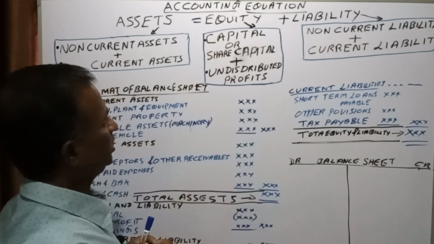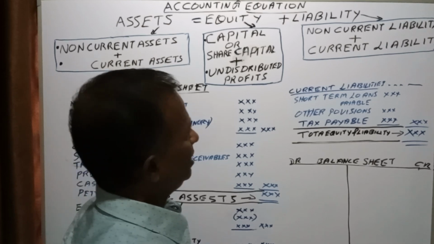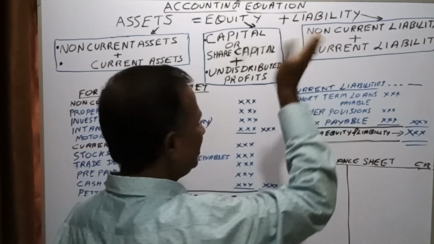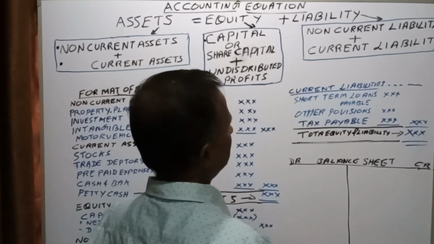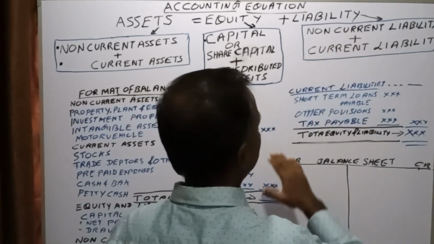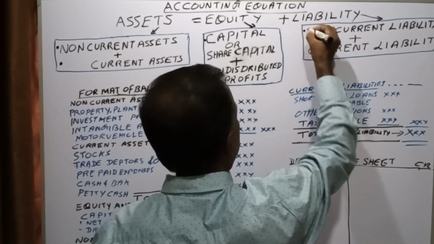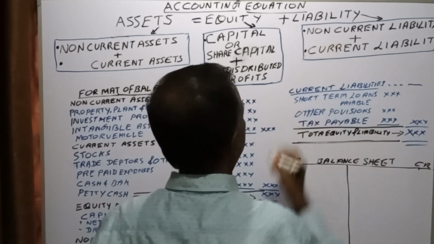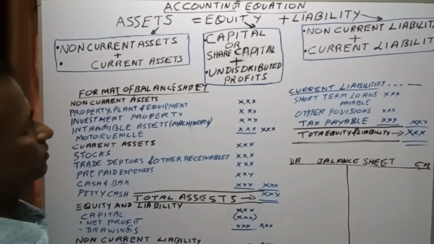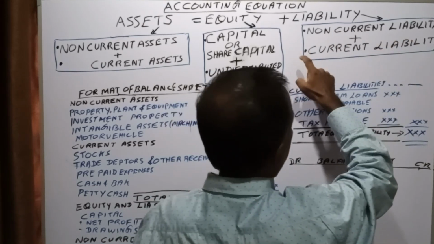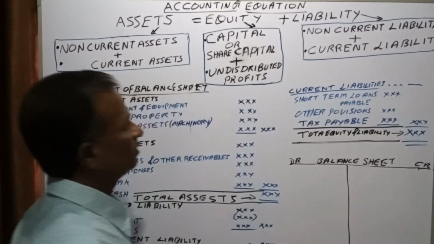That is the equity. Liability consists of two categories, that is non-current liability plus current liability.